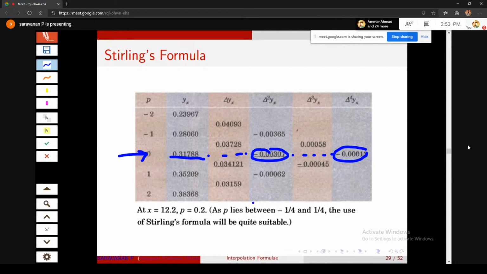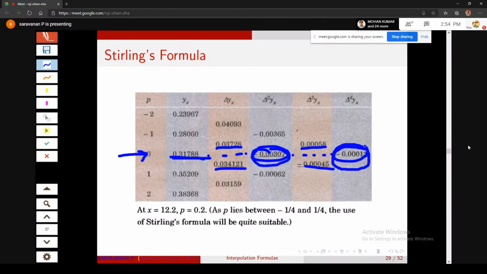So what is the formula? y0 plus P by 1 factorial into this value plus this value by 2, plus P square by 2 factorial into this value, plus P into P square minus 1 square by 3 factorial into this value plus this value by 2, plus P square into P square minus 1 square by 4 factorial into this value.